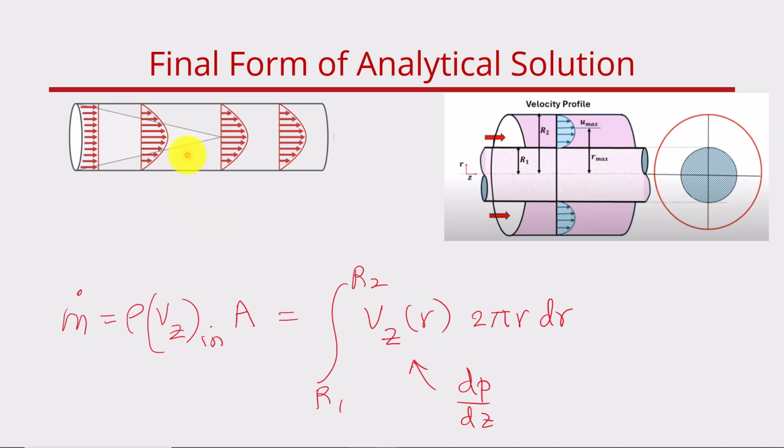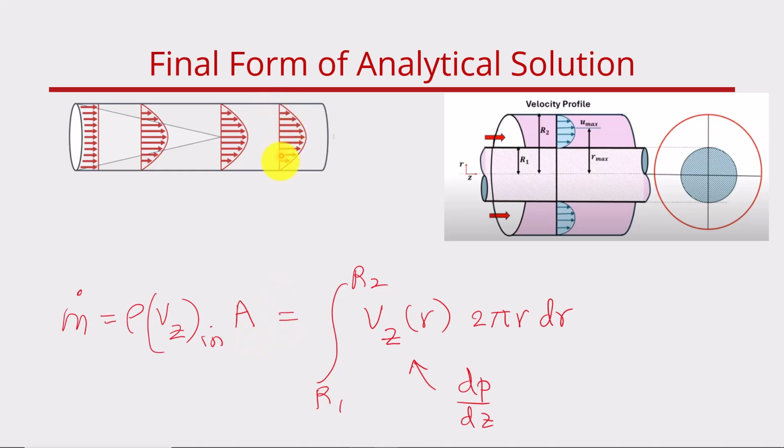So first, let's take this case. The mass flow rate is the density times the average velocity, since I have uniform velocity coming in, that's our boundary condition, times the cross-sectional area.